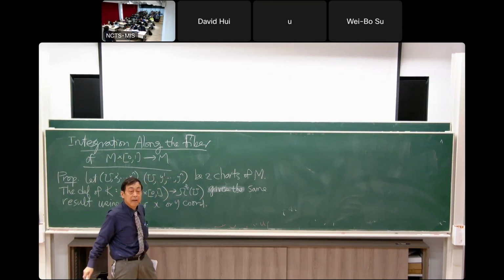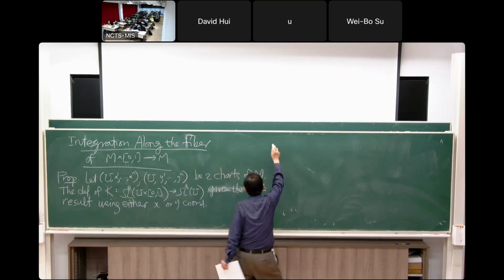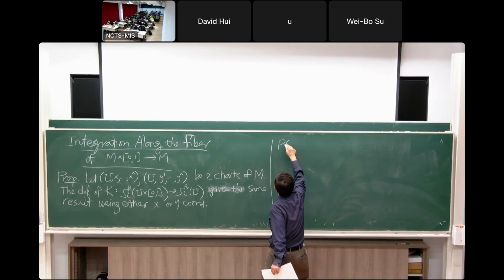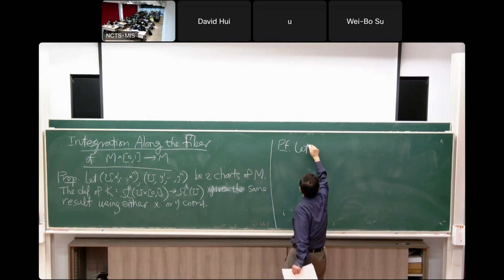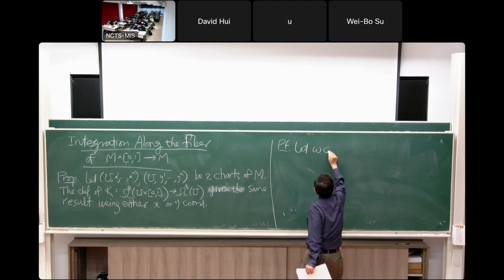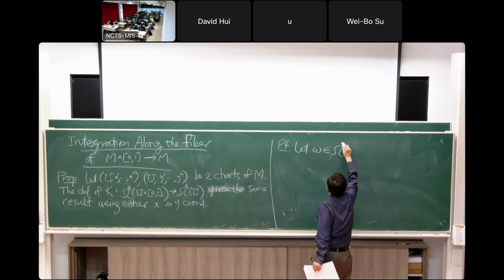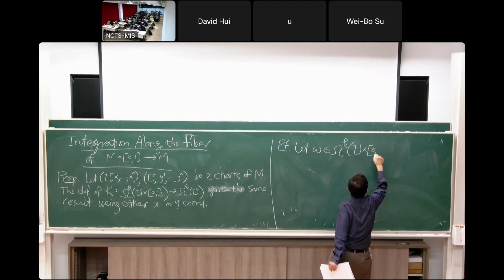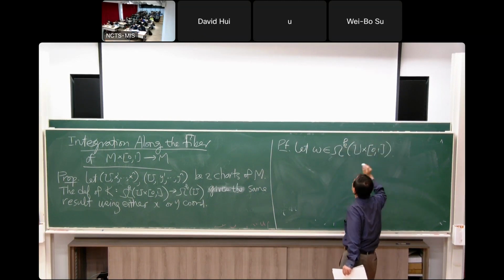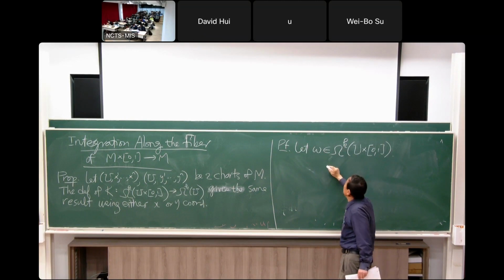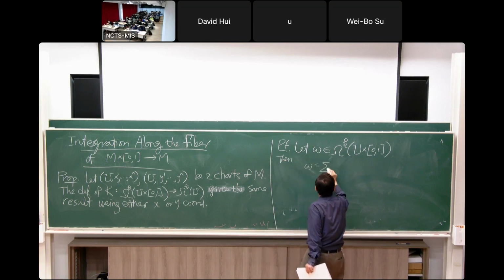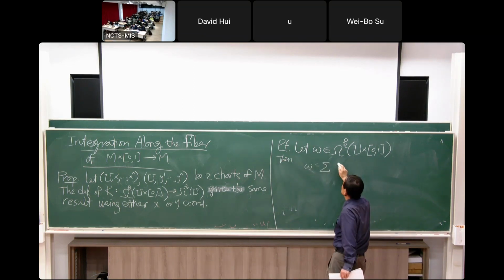Okay. All right. So we start with the form on the Cartesian product, and it can be written using the x-coordinate system.